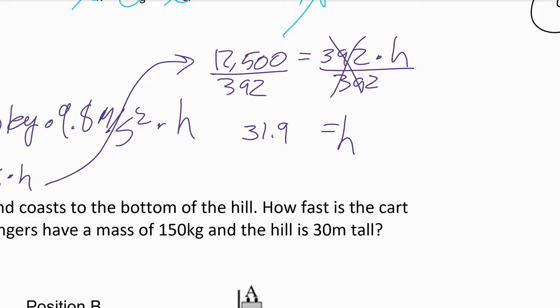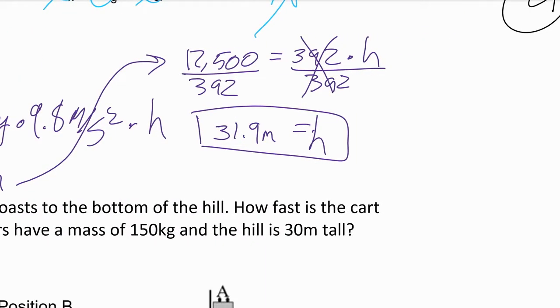Now this number still needs units on it, and we know that the height has to be in meters. But it's going to be a lot better for you than having to follow our units all the way through this time. So again, if you drop the units like what I did, you'll still get full points for this. So that's the first example.